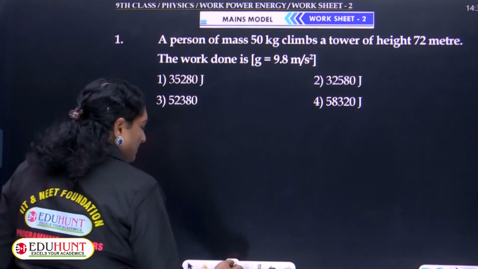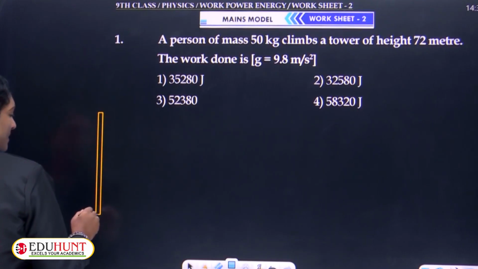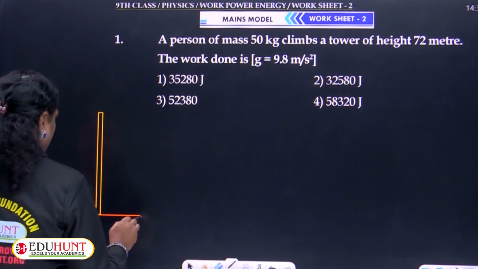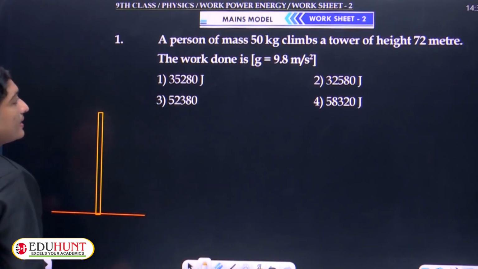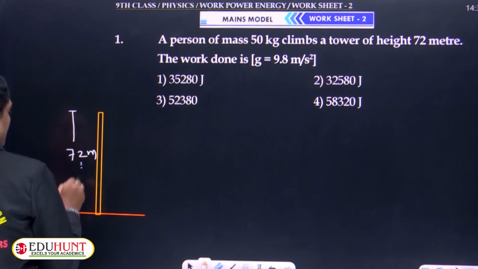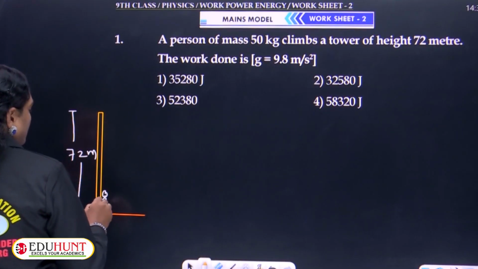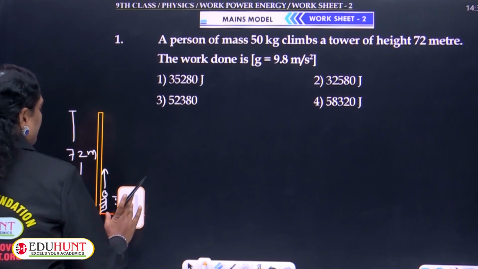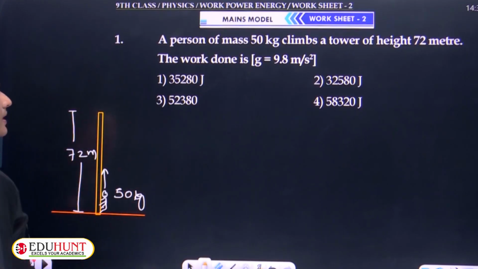It was given that the person wishes to climb a tower whose height is 72 meters. The height of the tower is given as 72 meters. The mass of the person who is climbing this tower is given as 50 kg. Mass of the person is 50 kg and he is climbing up the tower.